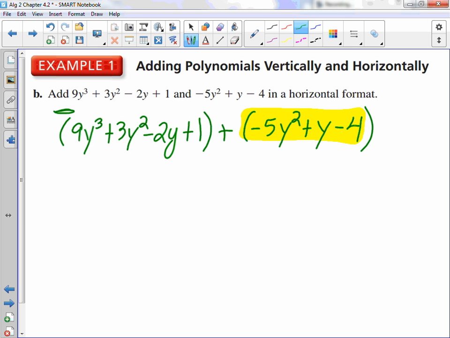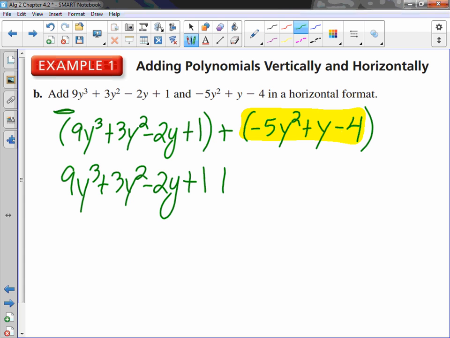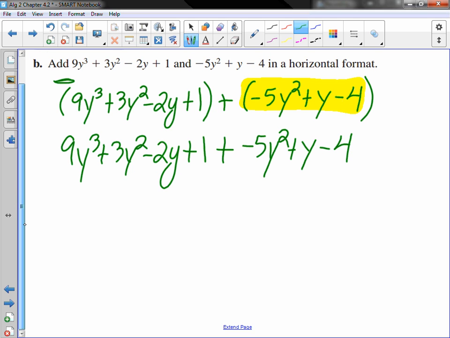So really, I can just drop the parentheses, like this. Now, if it had been subtraction, we would have had to move that negative through everything in the second set. But here we don't have to. Any questions on any of this so far?